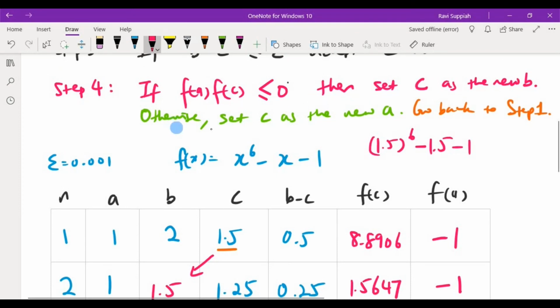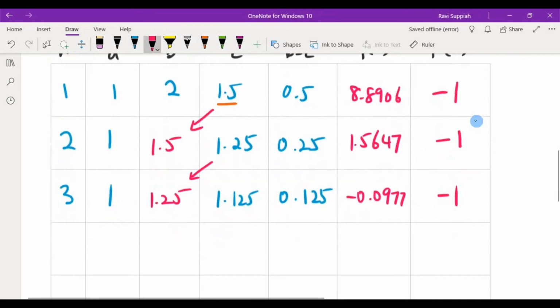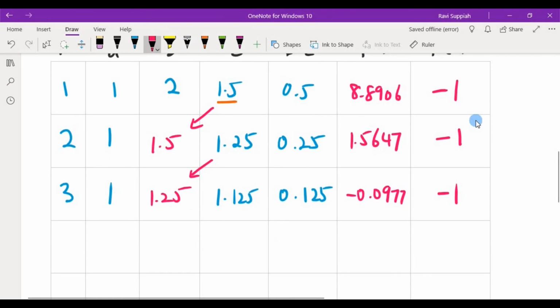Otherwise, I come to the second condition, which is to set C as the new A. So C will now transition to be the new A. So I get 1.125 over here. This is the fourth iteration. A has now changed, but B will remain as the previous value, which is 1.25.